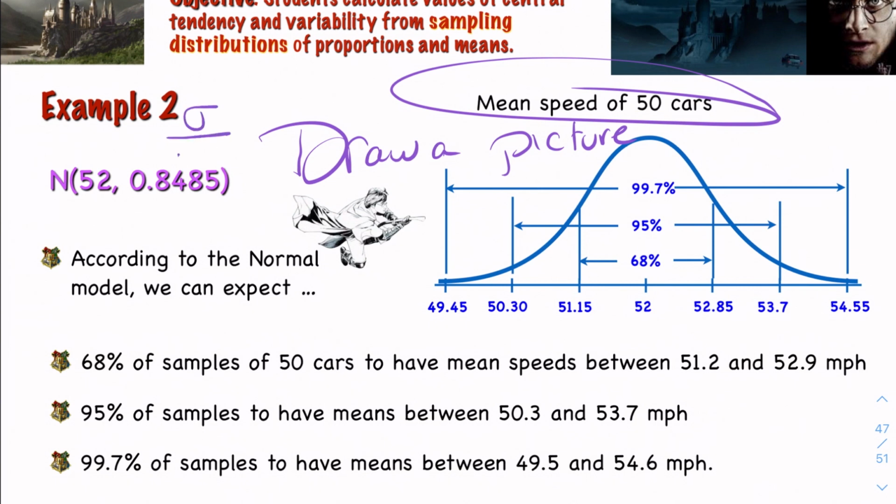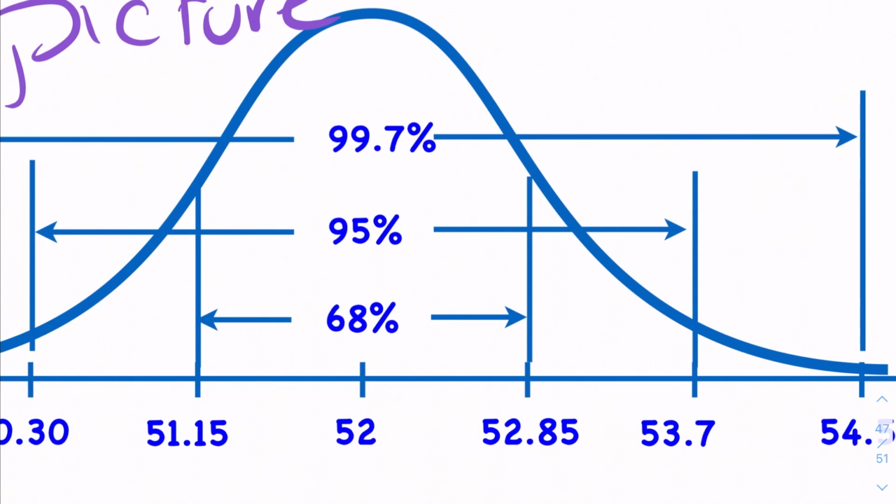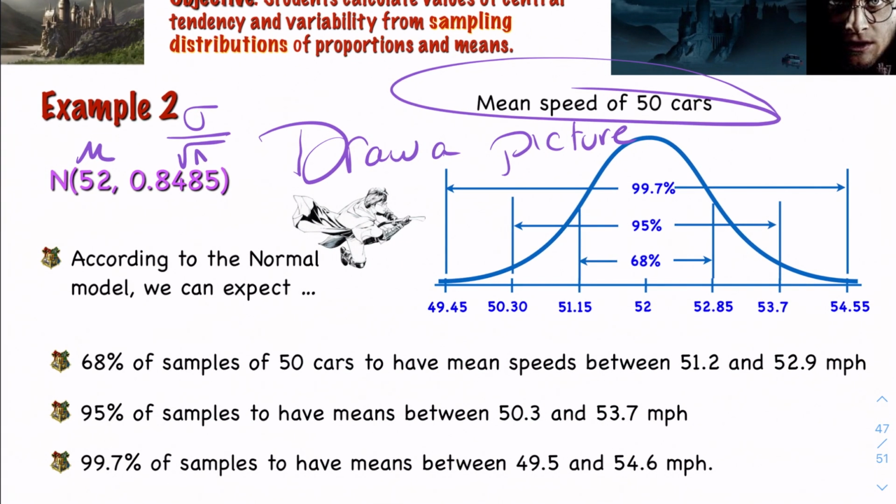Remember, this is sigma over the square root of n, and this is our mu. 68% of samples of 50 cars have mean speeds between 51.2 and 52.9, 95% between 50.3 and 53.7 miles per hour, and 99.7% of samples have means between 49.5 and 54.6. You either give me this picture with the 68, 95, 99.7 distribution, or you write it out, but I need to see one of these two.